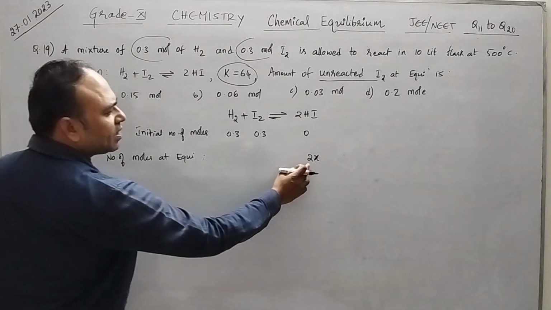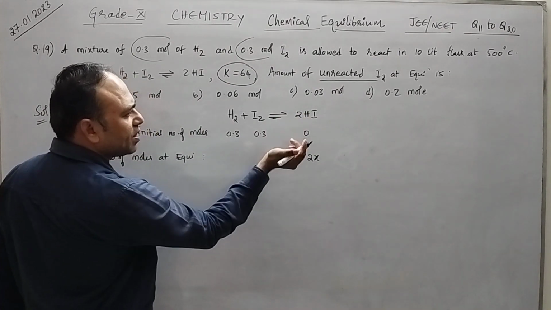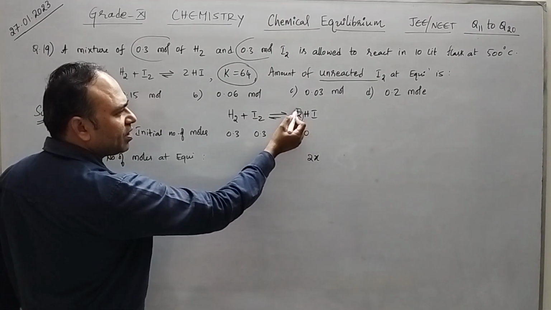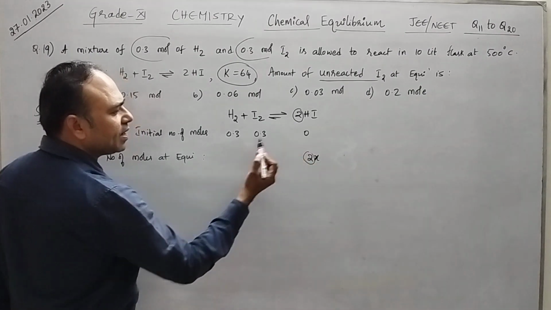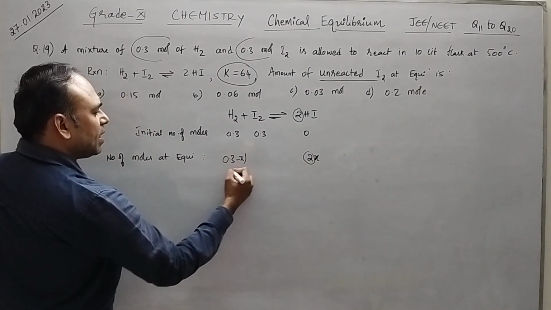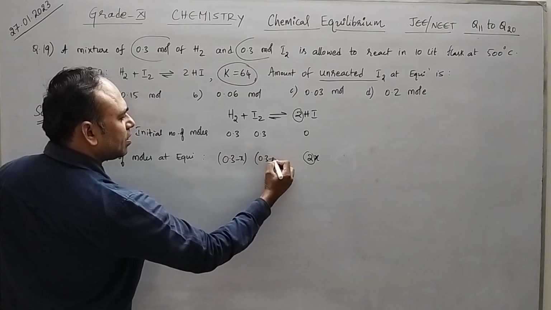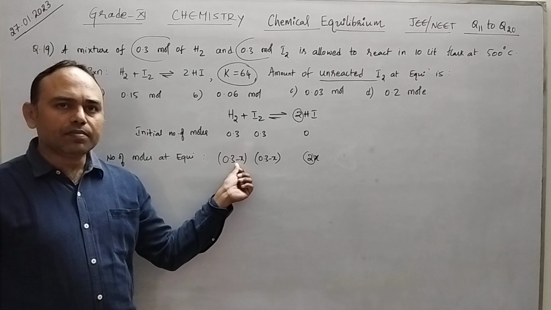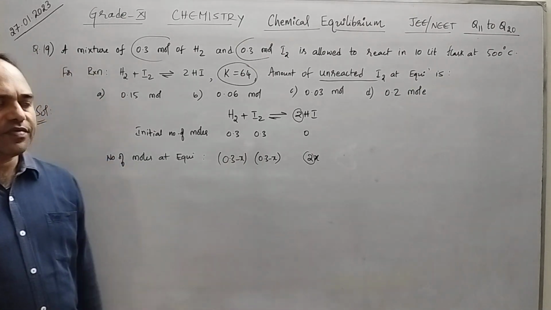Why did we take 2x? Because if the number of moles of one is x, and the coefficient is 2, you take it as 2x. Next, 0.3 minus x and here 0.3 minus x. From the starting material we have to subtract the number of moles reacted.